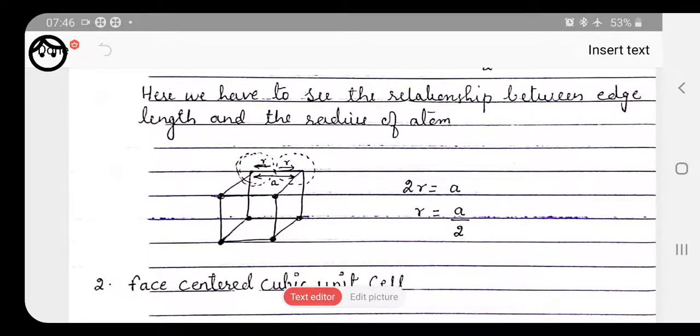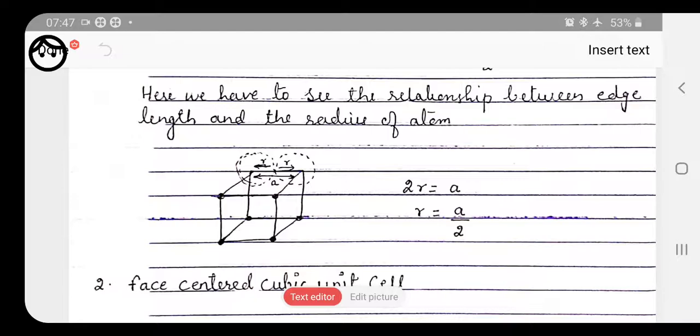First we are talking about the simple cubic unit cell. Here the length of this edge is a, and because we are talking about the radius, here we have 2r. One r is for one constituent particle, from the nucleus to the outermost orbit, and again from the other nucleus to its shell.